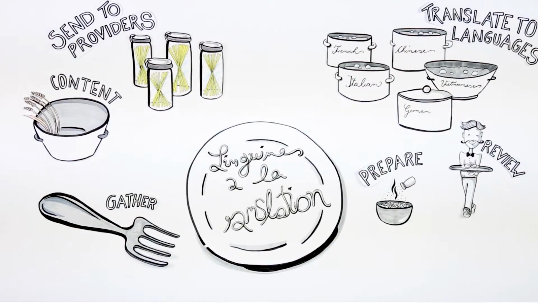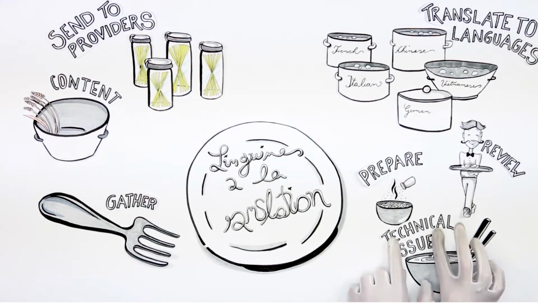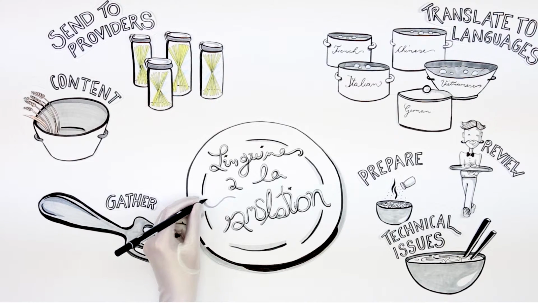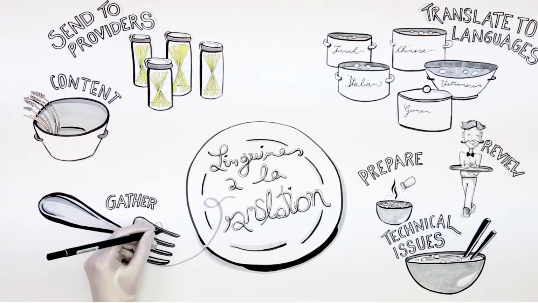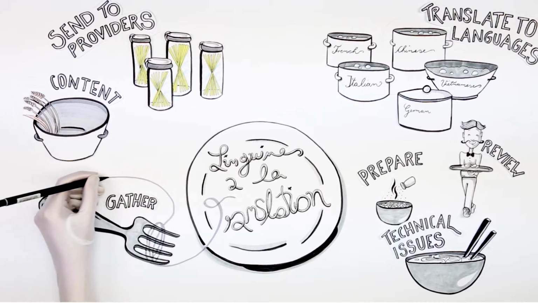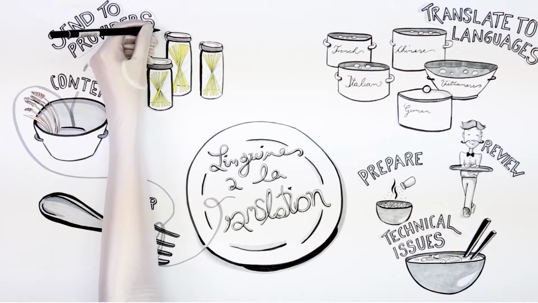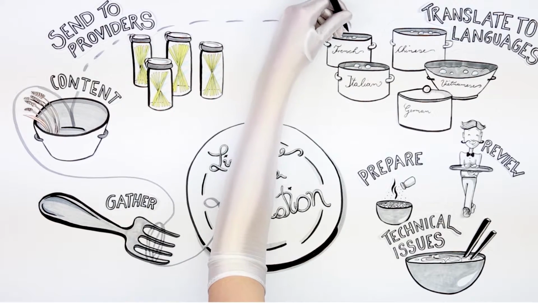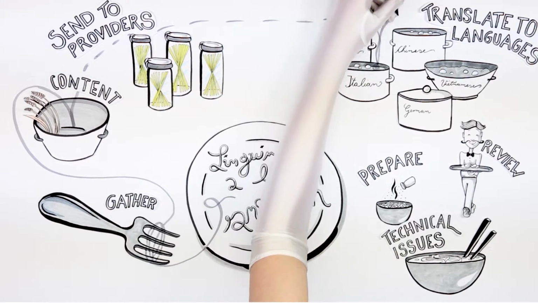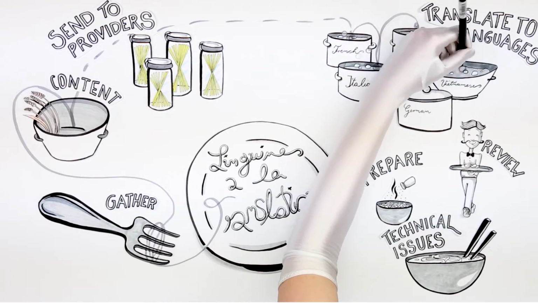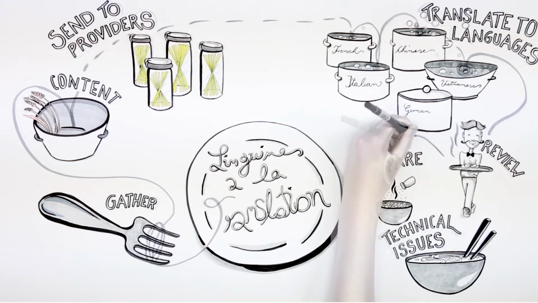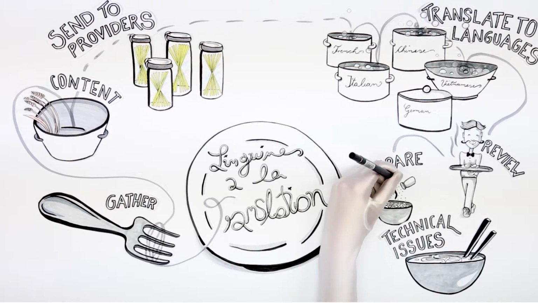These people will do things like create content in one language, gather that content and prepare it for translation, send that content on to translation providers, who then send it out to dozens or even hundreds of translators, who then translate it into many languages. Other people will review the quality of the translation and prepare the layout, or handle technical issues.